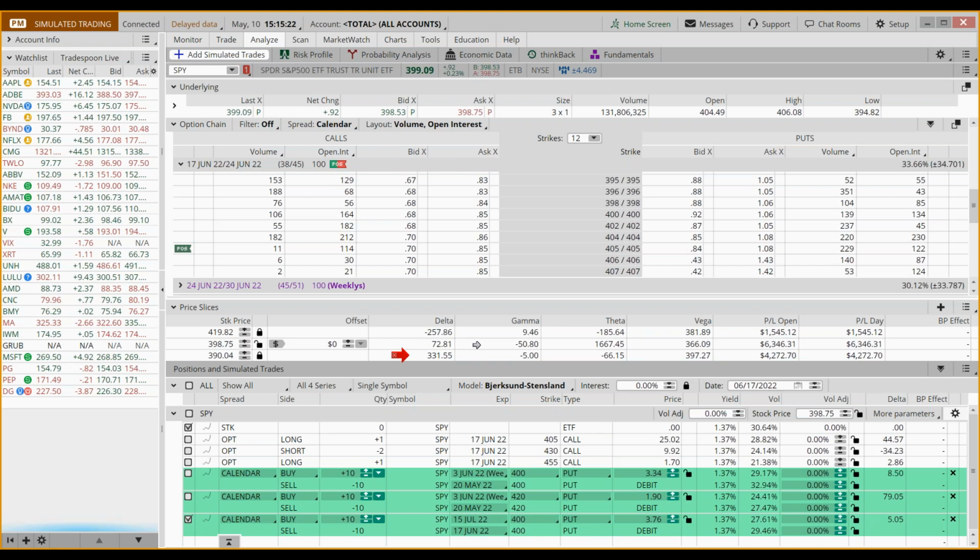Because in this situation, this one is much more sensitive, right? You can see this one is a gamma of 50, whereas this one here, there's got to be one, right? What am I missing?